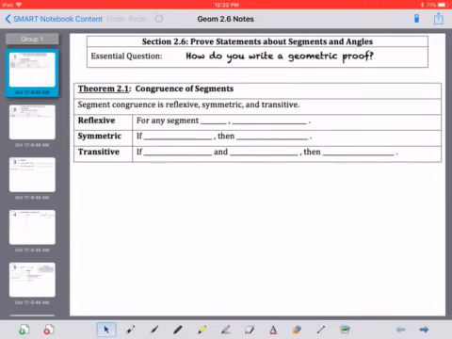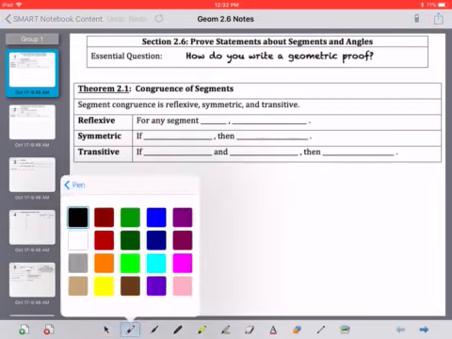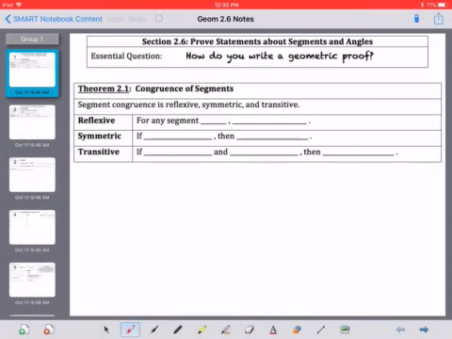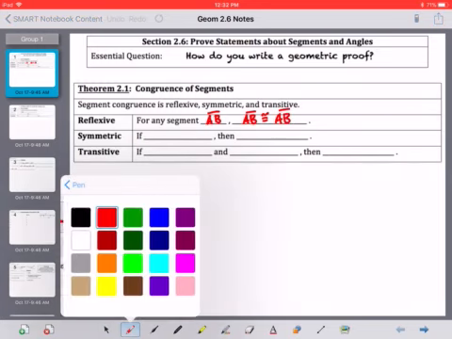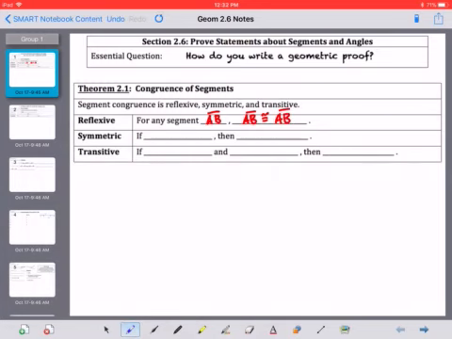So in the last lesson we talked about the reflexive, symmetric, and transitive properties. Well, it turns out these properties also work when we talk about segments. If you have a segment AB, the reflexive property tells you that AB is congruent to itself. And again, the symmetric property: if segment AB is congruent to segment CD, remember that symmetric property lets you flip-flop.